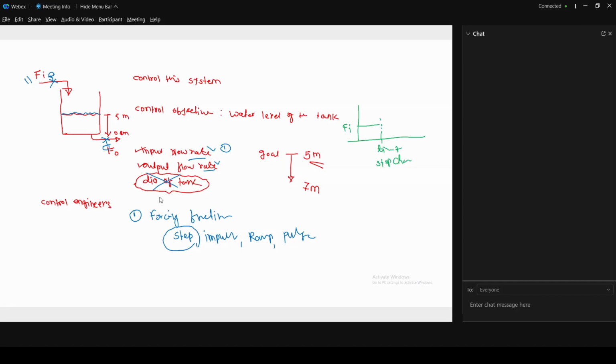If I give a positive step change, let's say like this, this is 0 here, here I say T1 and here I say T2. I know the sampling time, so I get the height measurements. I will measure the heights at every sampling time.